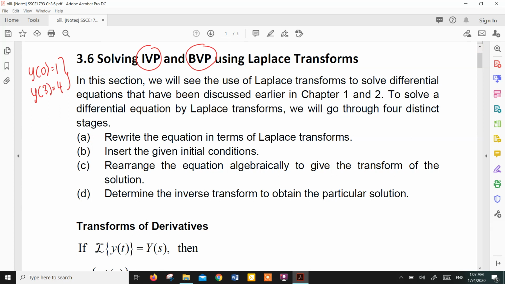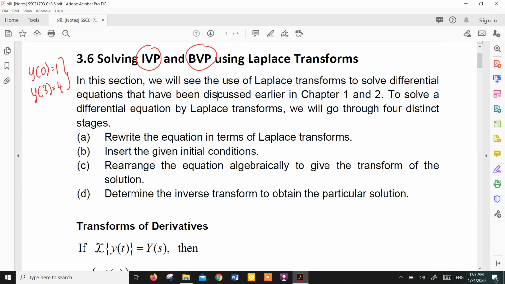that have been discussed earlier in chapter 1 and chapter 2. If you still remember, the objective of this course is to solve differential equations. In chapter 1 you learned how to solve differential equations using first order linear ODEs and second order linear ODEs.